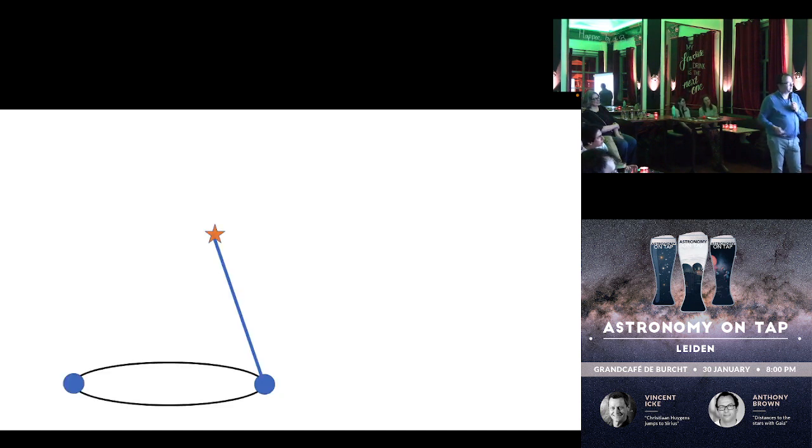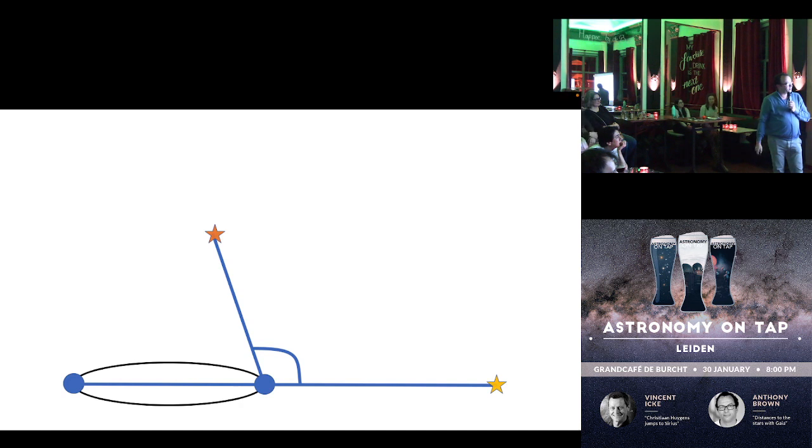Okay, so what we do instead of choosing a nearby reference star, nearby in the sky I mean, is you take a reference star which is located at a very different part of the sky, a very large angle away from the star you're targeting. So now you make a measurement of this angle in, say, January, wait half a year, and you make another measurement of the angle between the stars.